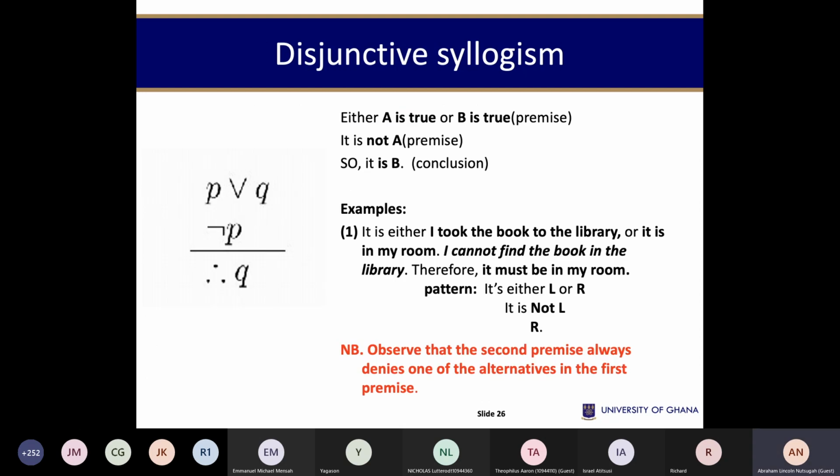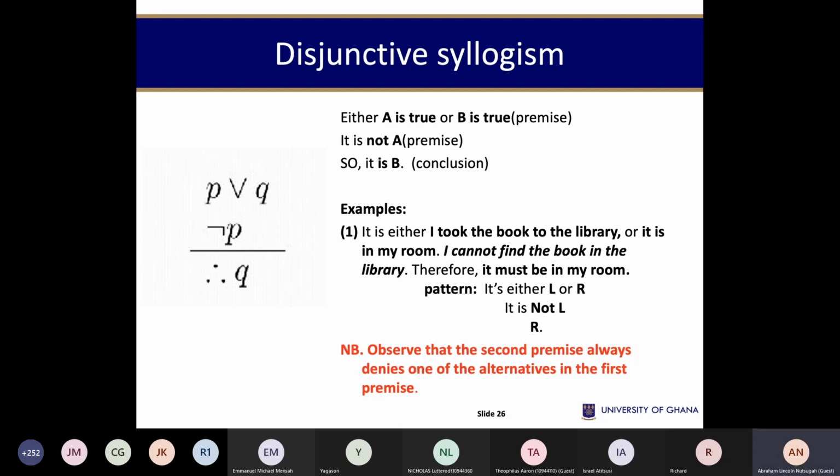The next logical rule is what we call disjunctive syllogism. Disjunctive syllogism is written as either A or B. Either A is true or B is true.